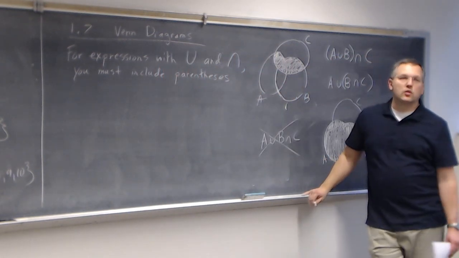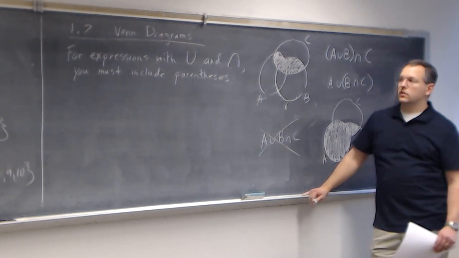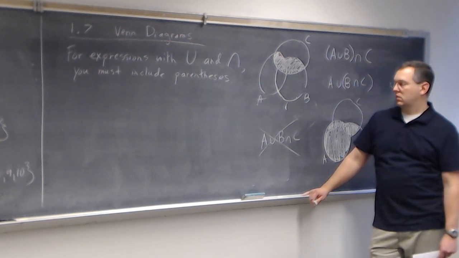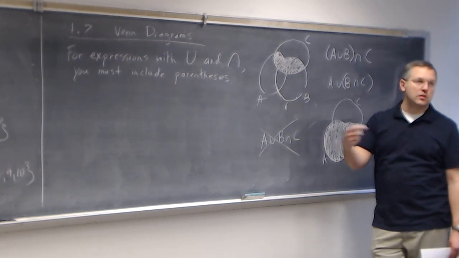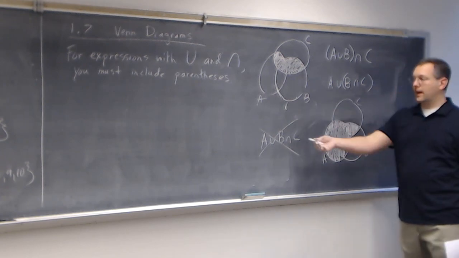If it was all unions, or all intersections, then you wouldn't need parentheses. But when you start mixing and matching unions and intersections, it makes a difference where you put the parentheses, so you can't leave them off.